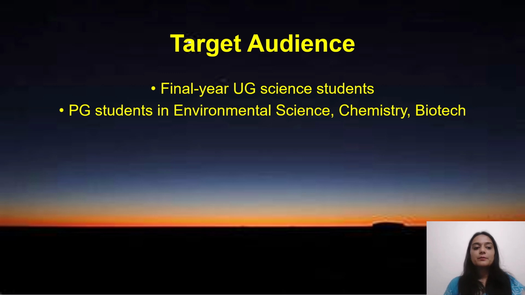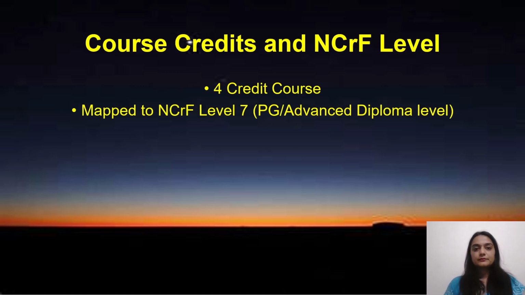Therefore, it is best suited for final year undergraduate students and postgraduate students in environmental science, chemistry, biotechnology, and relevant fields. This course carries 4 credits and is mapped with National Credit Framework Level 7, which corresponds to postgraduate and advanced diploma level learning outcomes.